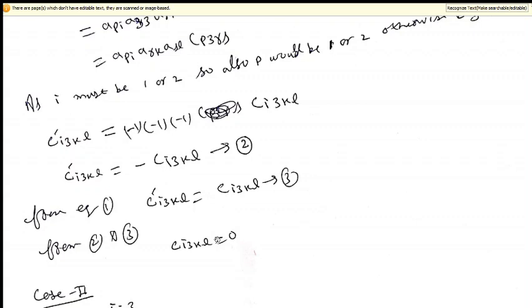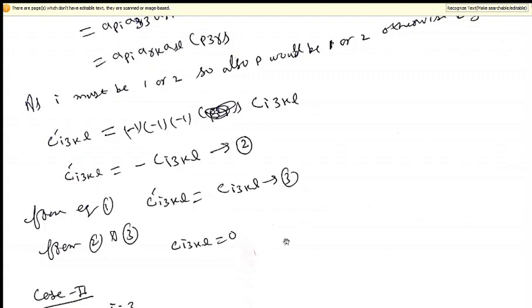This thing is telling us that when 3 appears one time, the component will be 0. It can be C3JKL, it can be CI3KL, it can be CIJK3, equals to 0.